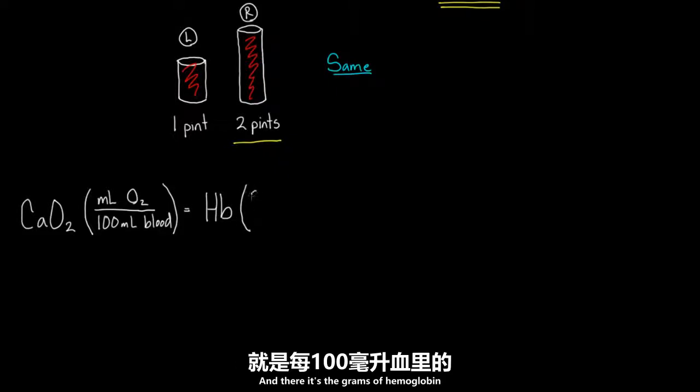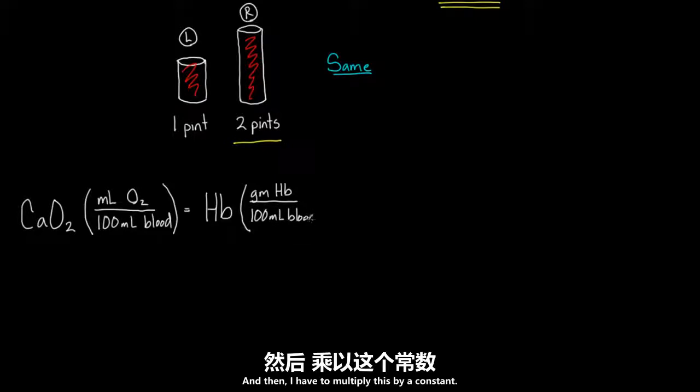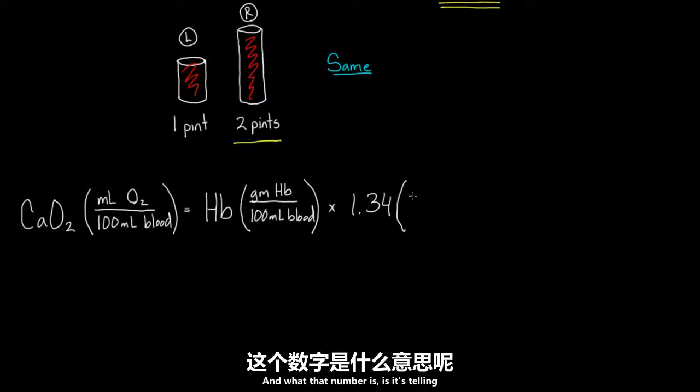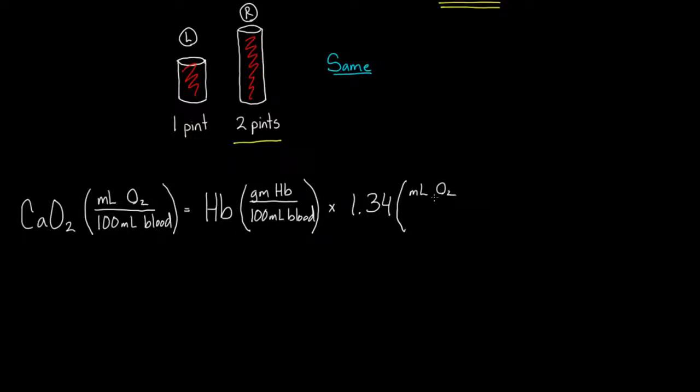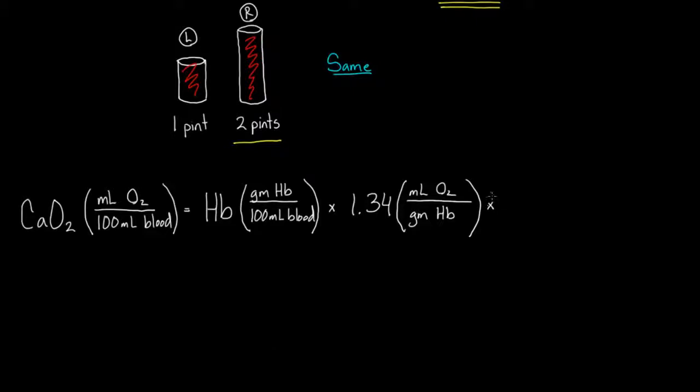And there it's the grams of hemoglobin per 100 milliliters of blood. And then I have to multiply this by a constant. And the constant is 1.34. And what that number is telling me is the milliliters of oxygen that I can expect to bind for each gram of hemoglobin.